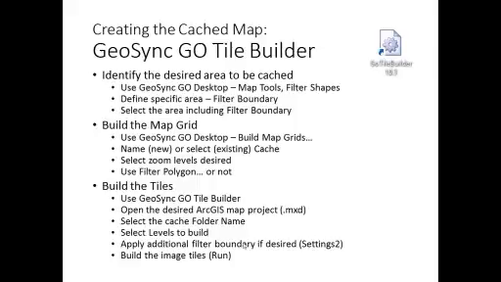I'll show you where that is. What that means is we can have a polygon drawn in our ArcGIS project that defines the area that we want to filter, and we select that layer and apply it to a level. At that point, we basically run the program, and it builds our cache maps.